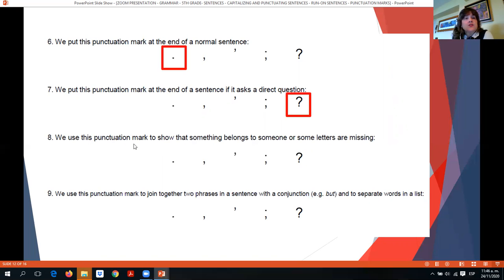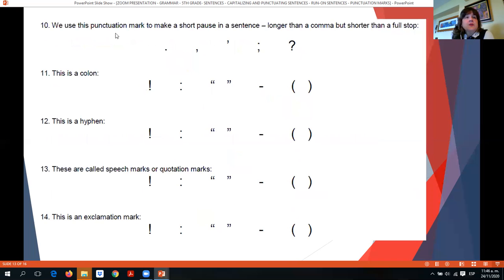We use this punctuation mark to show that something belongs to someone or some letters are missing. We use the apostrophe. We use this punctuation mark to join together two phrases in a sentence with a conjunction, for example, but, and to separate words in a list, we use the comma, okay? We use this punctuation mark to make a short pause in a sentence, longer than a comma, but shorter than a full stop, that is the semicolon.